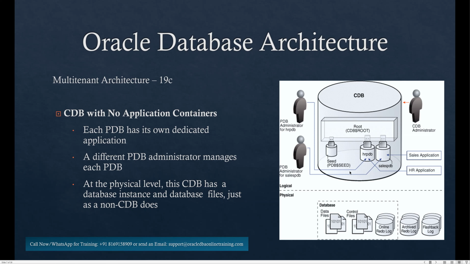Along with this, you can have a pluggable database. Suppose an organization has two different applications, like one is HR, the other is sales. For each application, we can create a pluggable database. So this is an example with no application container. Here we are not creating a dedicated application container.